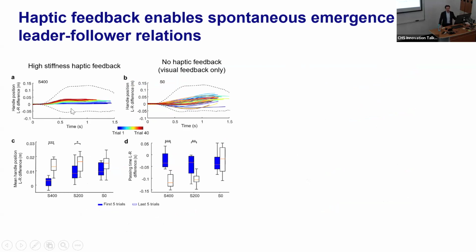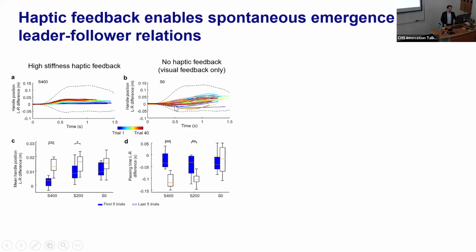You could have been leading or following, and you could still have done the task right. But what we see, in the left minus the right handle difference in position, is that the left is always leading, okay? It's always on the top, and it gets more and more at the top as you get more experience.